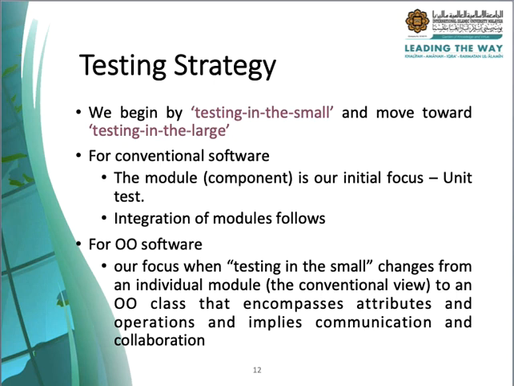All right. This is what I mean by we begin where testing is small and move toward the larger, meaning we start from the component and go to the integration. So basically there are 2 kinds of software that we're going to test, which is the conventional software and also the object-oriented software. What is the difference between both of these? For conventional software, the focus is on the module, as in the component, and the first task that we do is normally unit test. Then it moves to the integration test, which tests modules.